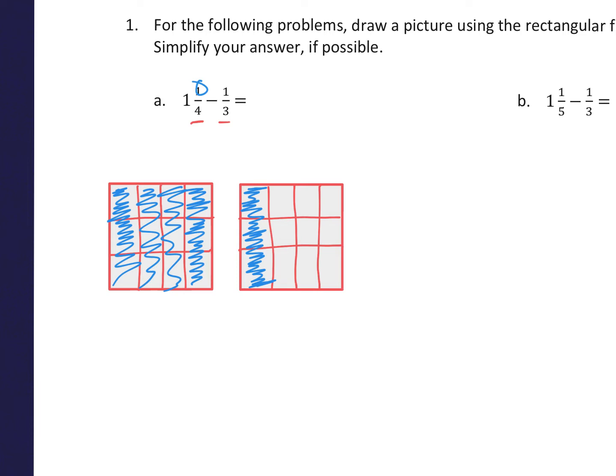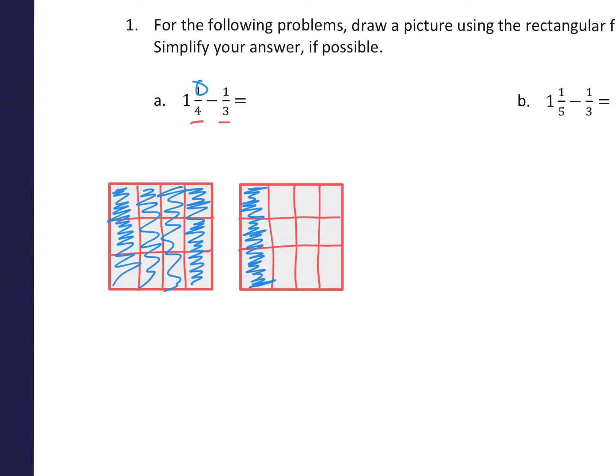Now, what we're going to do, so we've drawn 1 and 1/4, and we know that we're going to subtract 1/3. So we had to split them down in fourths and then split the fourths into thirds. And that gives us 1, 2, 3, 4, 5, 6, 7, 8, 9, 10, 11, 12. We're dealing with twelfths, right?